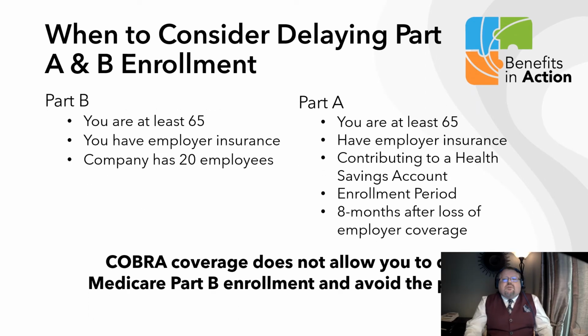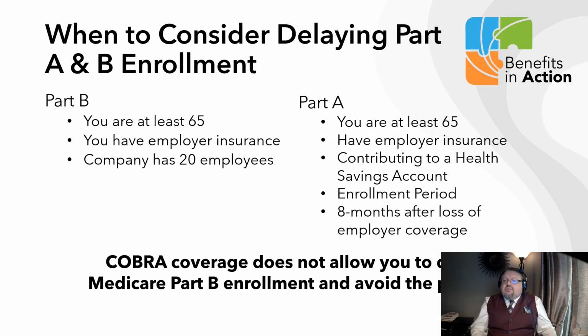There are times when you would want to consider delaying Part A and B enrollment. Most people don't delay enrolling in Part A simply because it is premium free for most people. So there's no downside to signing up for Part A, even if you are continuing to have employer-sponsored coverage or other form of creditable coverage that you are then using to defer your Part B enrollment.